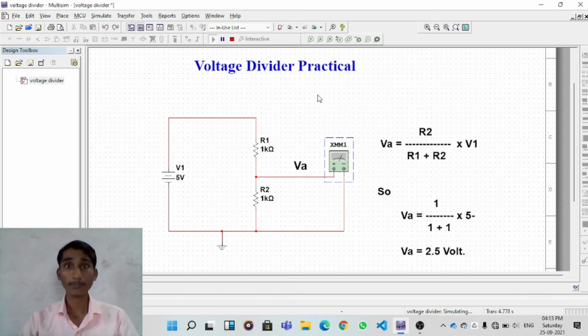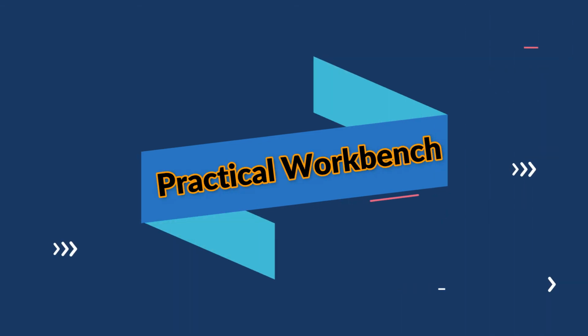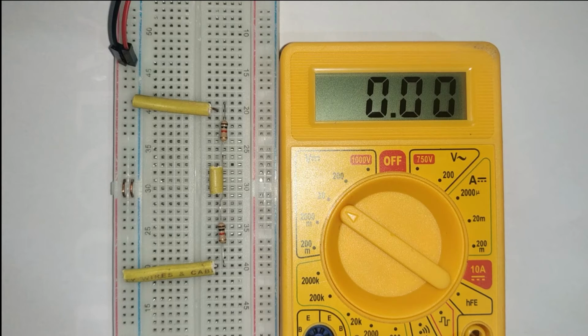We will now go to the practical workbench, build the circuit there and see the results. So welcome to our practical workbench. As we built the circuit inside Multisim software, a similar circuit I have built here on a breadboard.